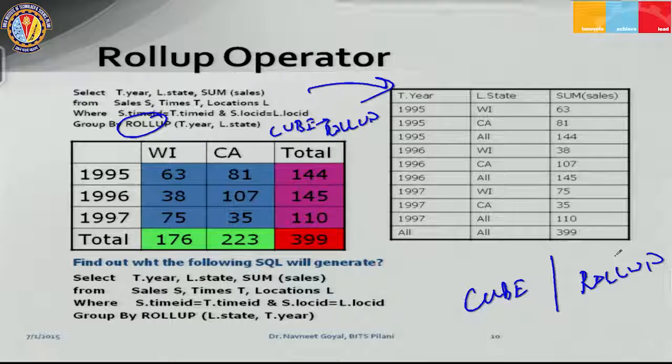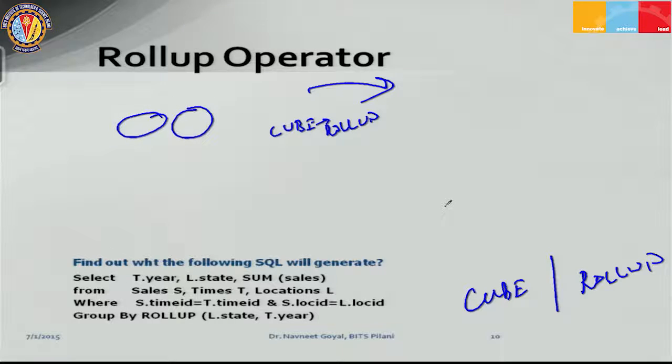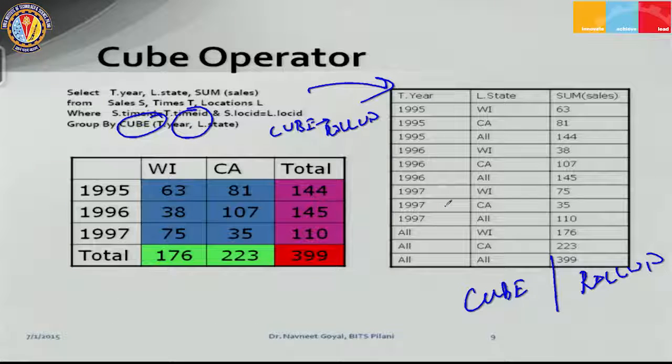If you look at t.year, which appears as the first operand in the roll up, everything is there except for some rows. If you go to the previous slide, there were two more. These two are actually not featuring in the roll up.